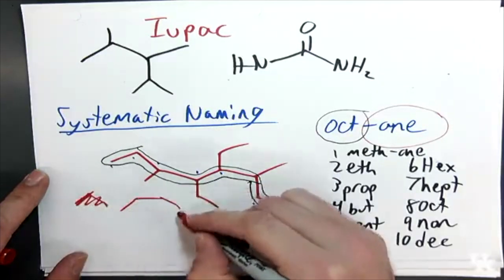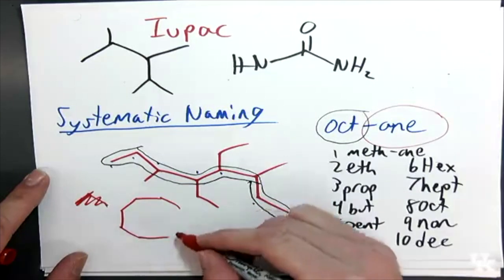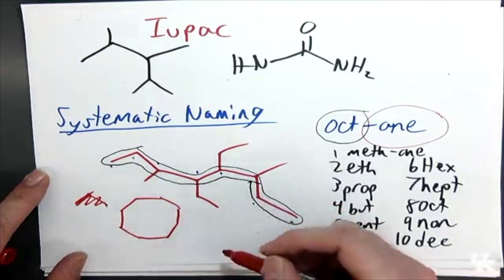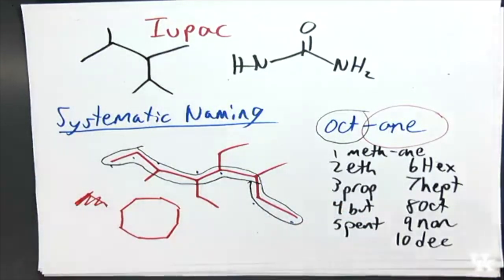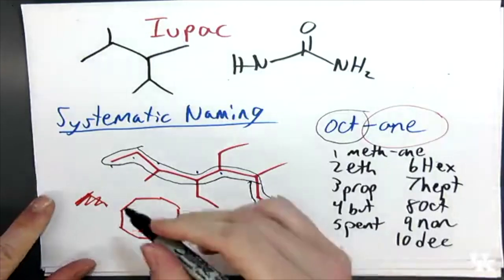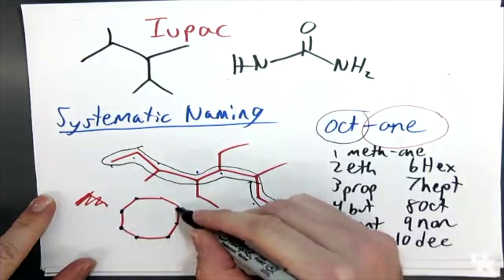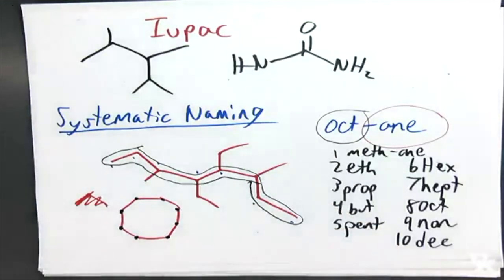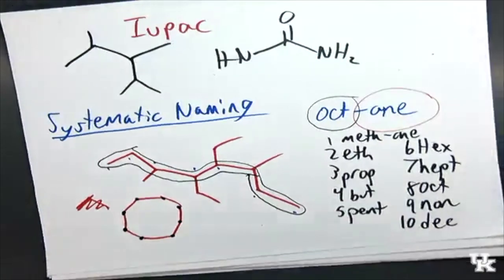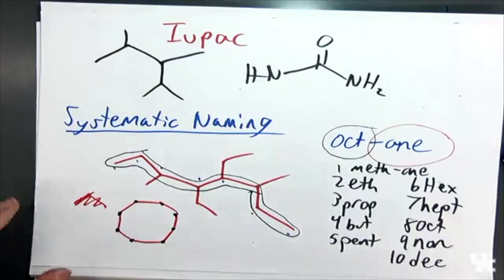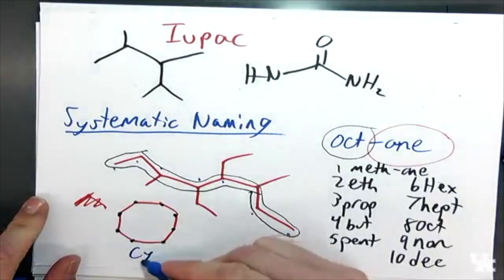See, there we go. Yeah, that feels better. We all know this shape, right? We see it a few times a day, at least if we drive. This 8 carbon ring. Now, instead of being octane, this 8 carbon ring would be what?